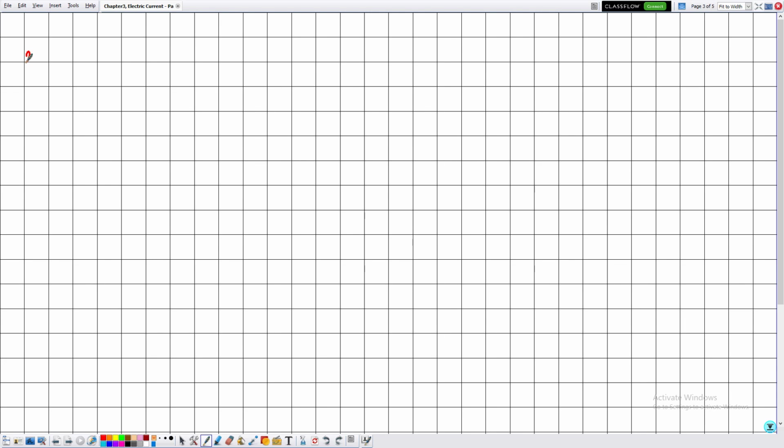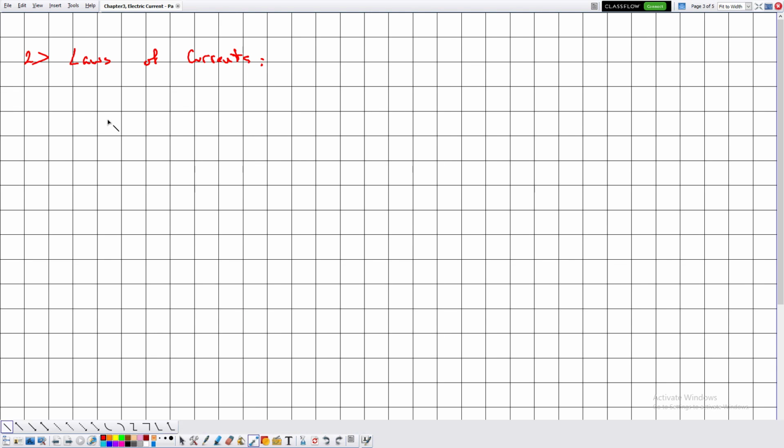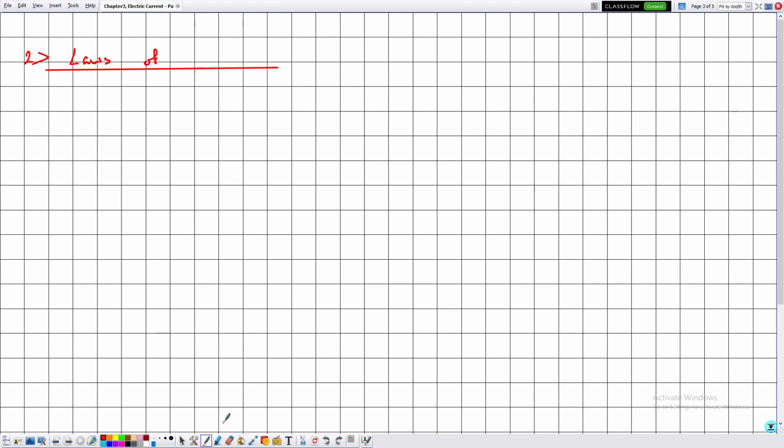Let me write section number 2, laws of current, and let me start with the first one, section 2.1, the law of uniqueness of currents.